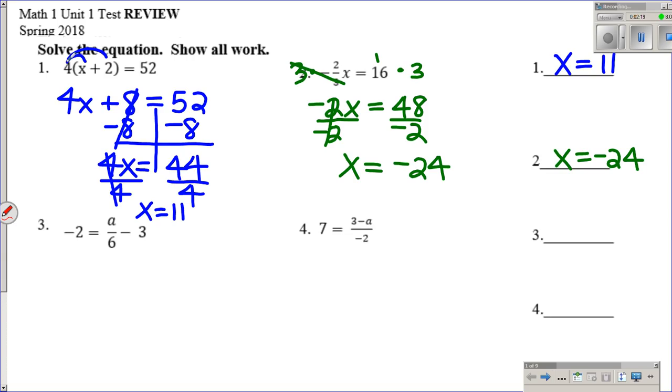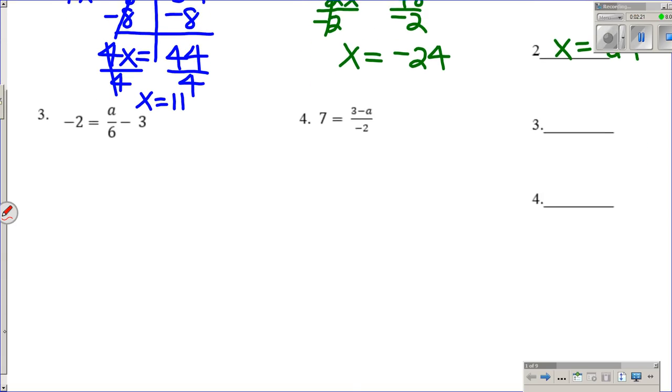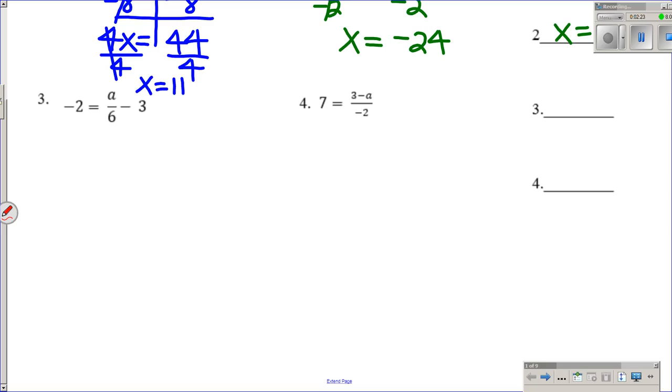Okay, for number 3, look at your equation and identify where your variable is located. We only have one variable, and if you read this expression, you would read it as a divided by 6 minus 3. So the first step we need to undo is add 3 on both sides.